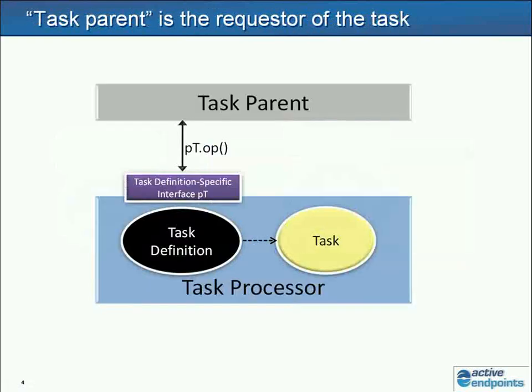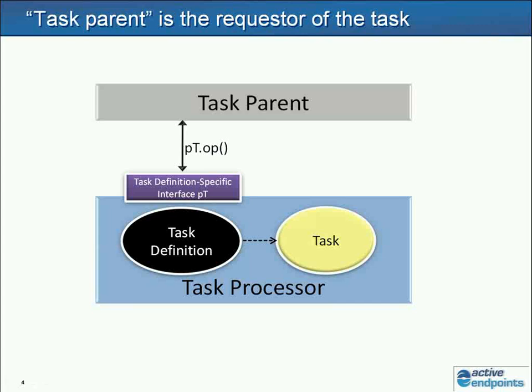The next concept that WS-HumanTask has after the task processor is the task parent. Now, normally, when you've got something tightly coupled with a workflow system and the task management, the task parent would be a workflow system or a business process management system.